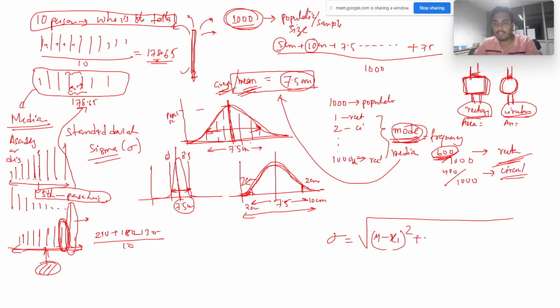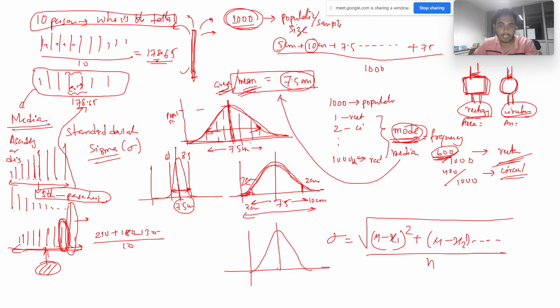I mean, this is going too mathematical. Then divide by the total number of samples, and you get the standard deviation. Basically, just try to understand that one tells you what this particular number is, the mu, and the other tells you how much variation exists.